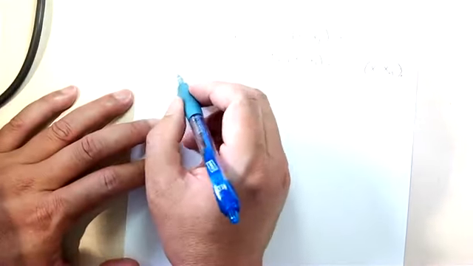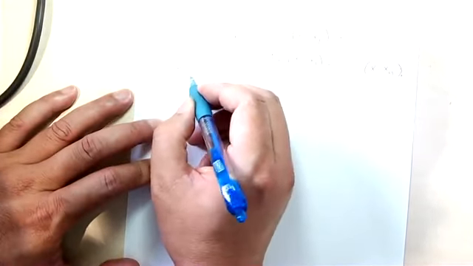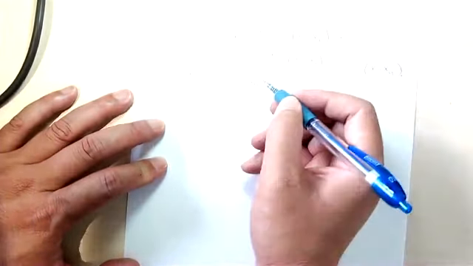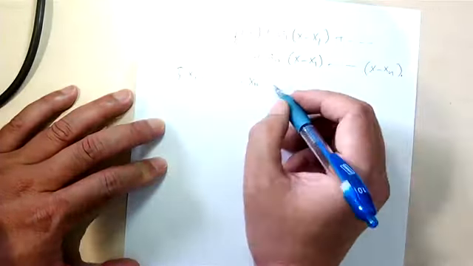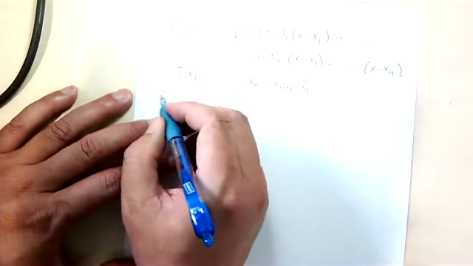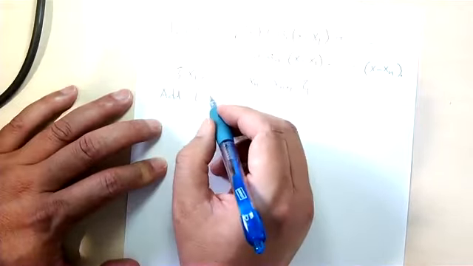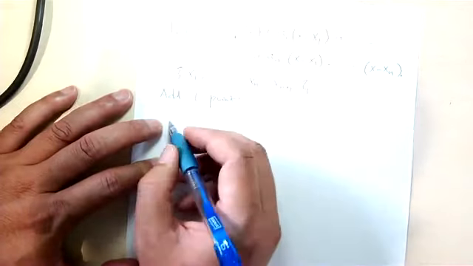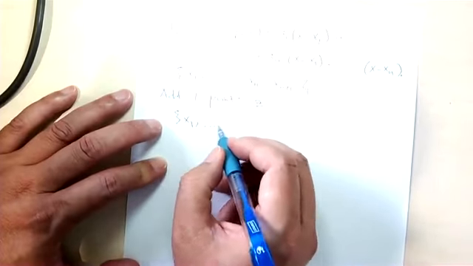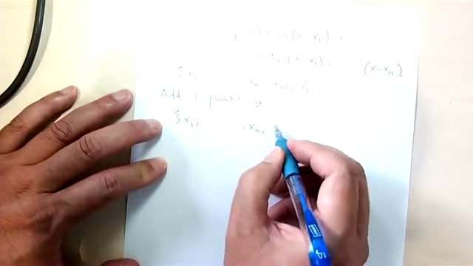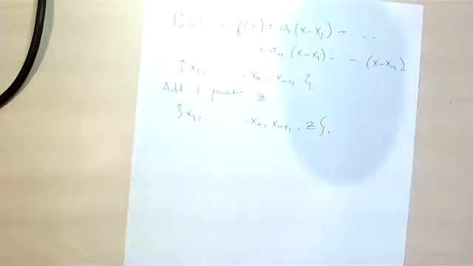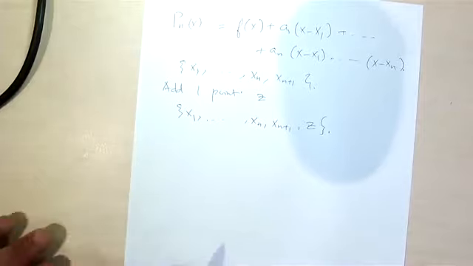This is my original set of interpolation points, yeah? And now I add on one point. So it will be x1 to xn plus 1, then z, right? Then what is my new interpolation?